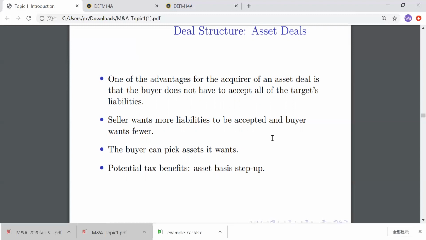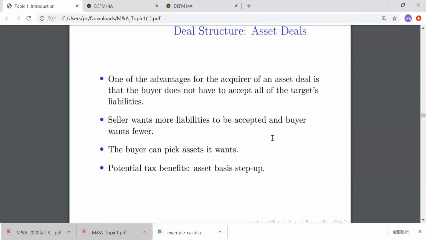There are different values of the seller's assets. It could be the value recorded on the seller's balance sheet. It can also be the fair market value. Because the acquirer can do whatever they want with the assets they acquire, they can also increase the value of the acquired assets to the fair market value.